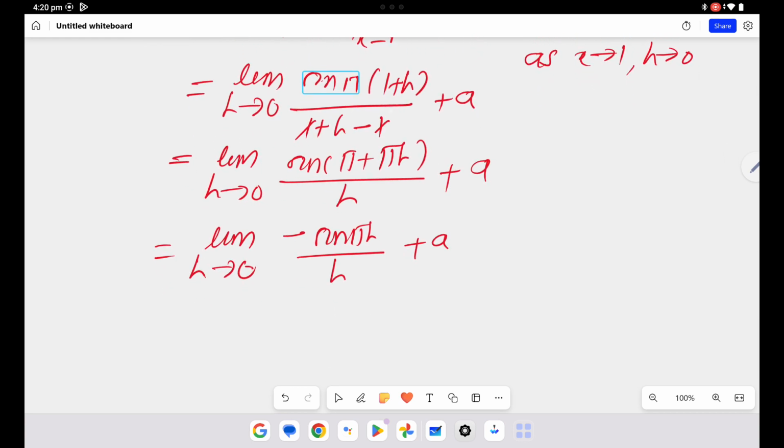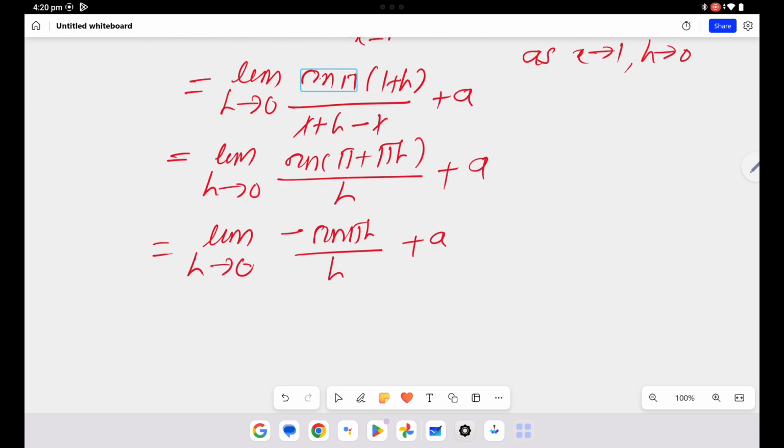Then we evaluate this limit using the formula: the limit as theta tends to 0 of sin theta upon theta is equal to 1.